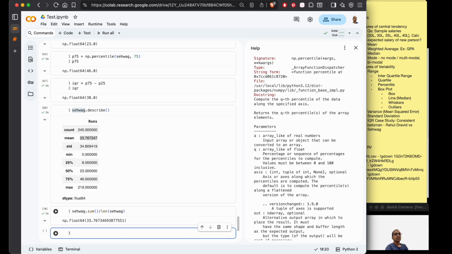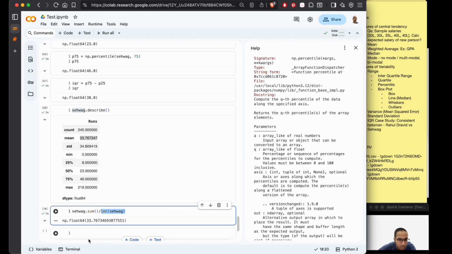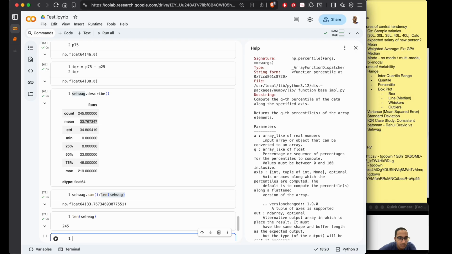I guess there are a lot of data points, 245 data points.